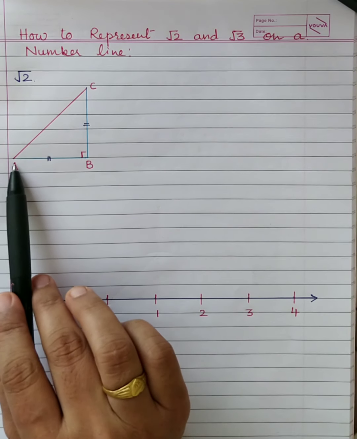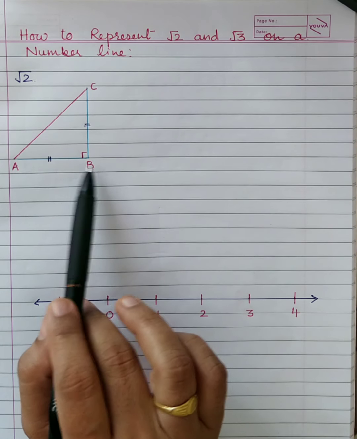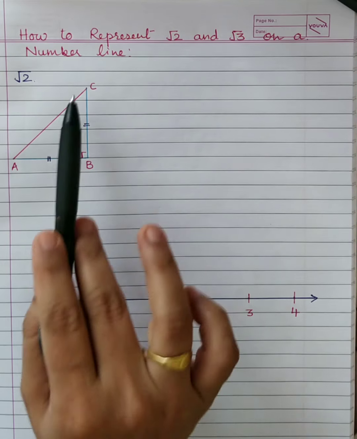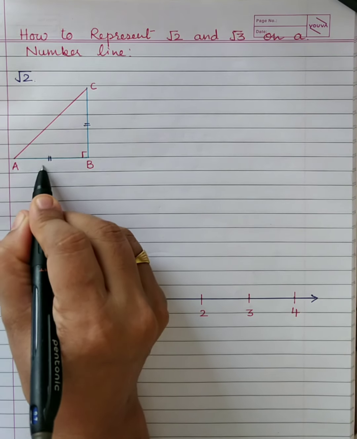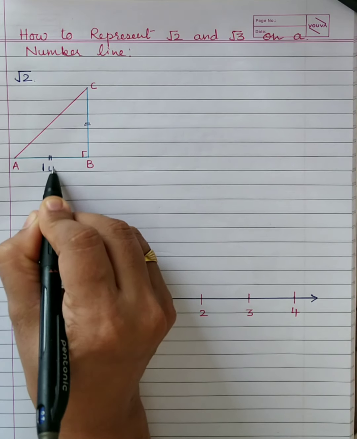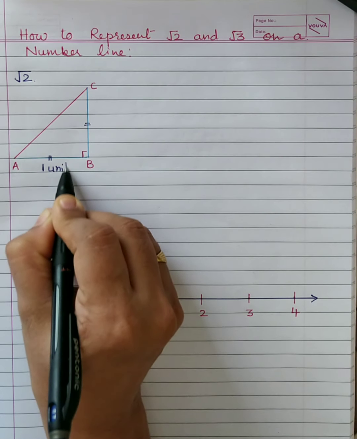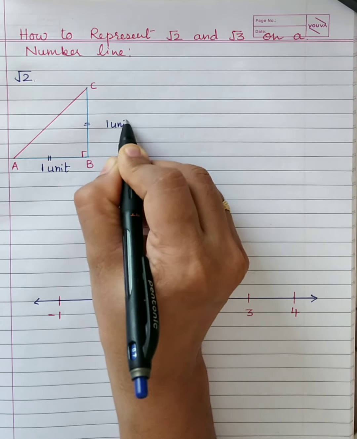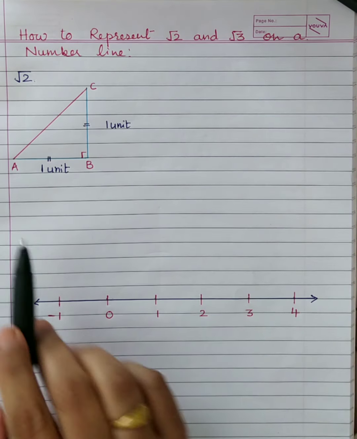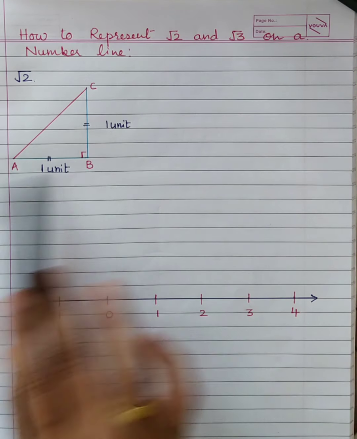So imagine a right angle triangle in which two sides are equal, and importantly, the length of the equal sides we take as 1 unit. It can be 1 centimeter, 1 inch, anything. So this is that triangle.